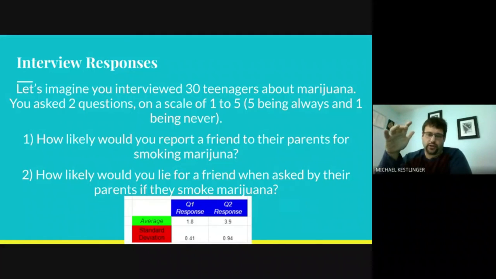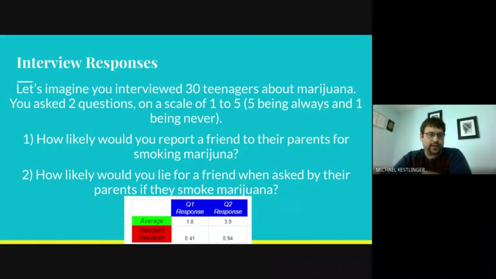1.8 for the first question means to me that somewhere between a 1 and a 2, people are answering. So basically, they're never going to report their friends. But for the second question, how likely would you lie for a friend? Yeah, they're more likely than not going to lie for a friend about their marijuana use.